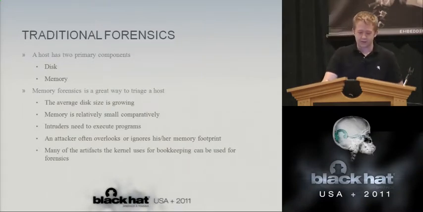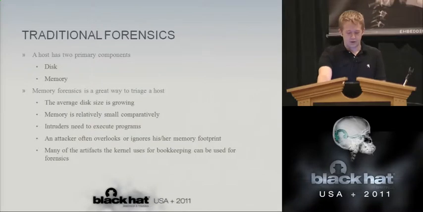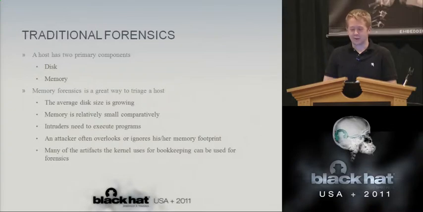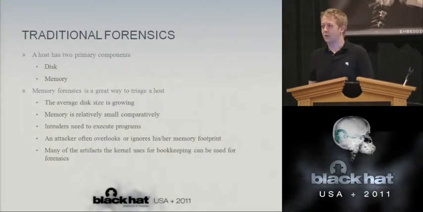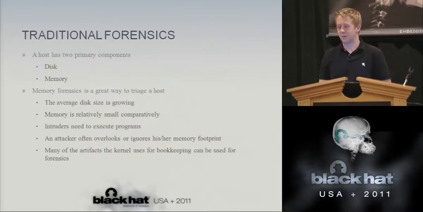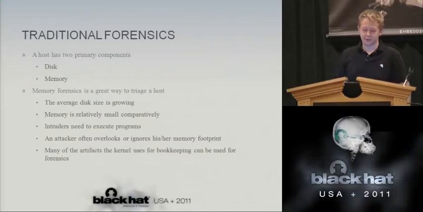The problem with disk is that the average disk size in a forensics case is just growing exponentially. So memory is a great way to triage a host. It's relatively small, and you can find a lot of useful information in it pretty quickly to give you the best footholds in a forensics investigation.